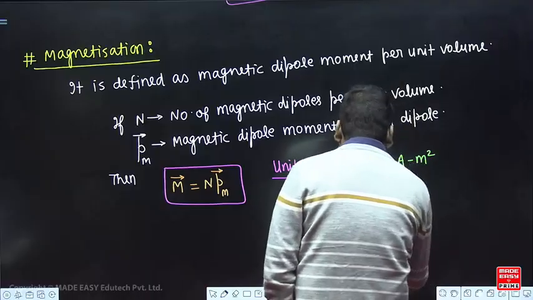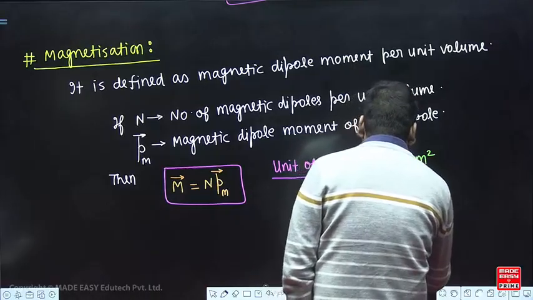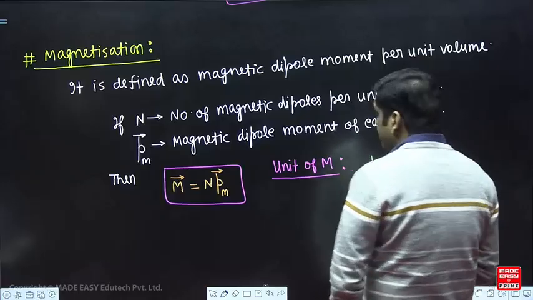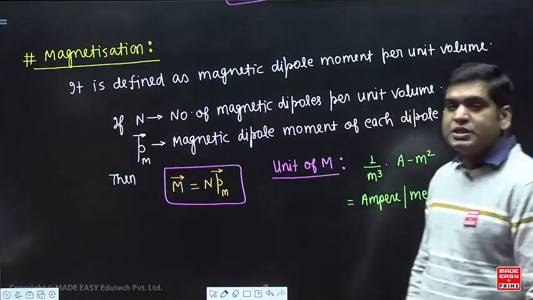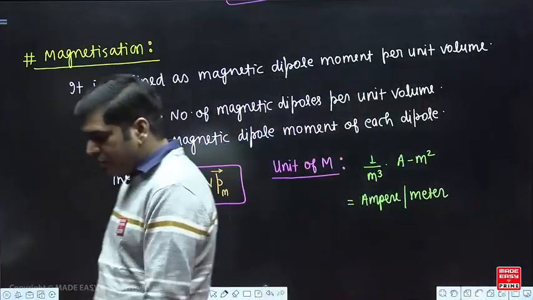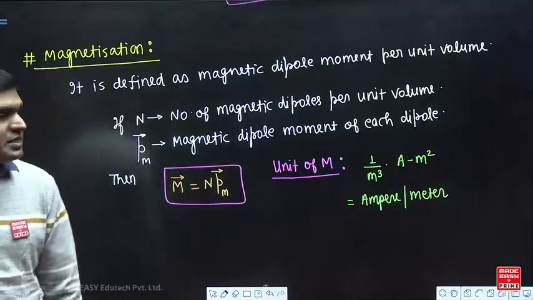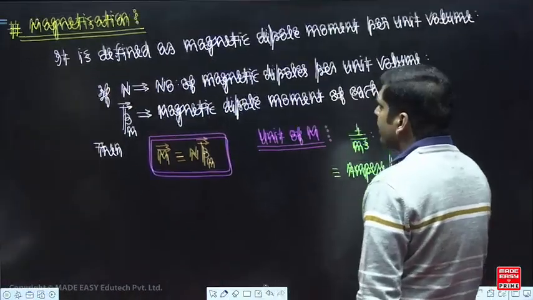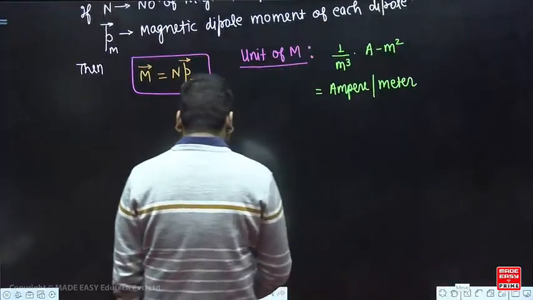So it will become ampere per meter. Very interesting. Ampere per meter is nothing but the unit of magnetic field. It means magnetization is nothing but an induced magnetic field inside the material.